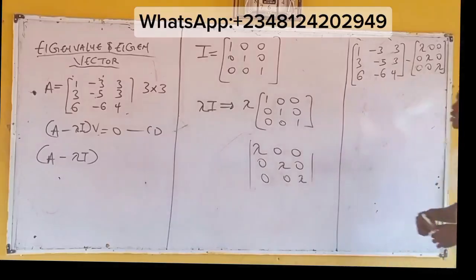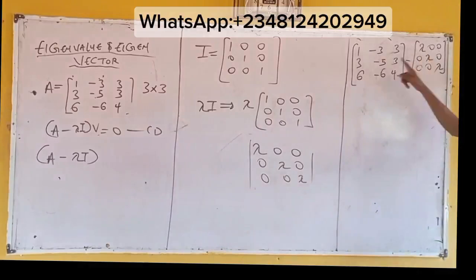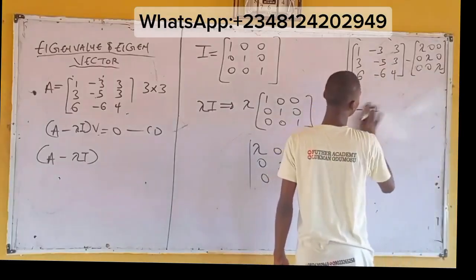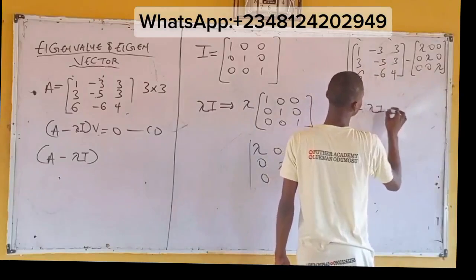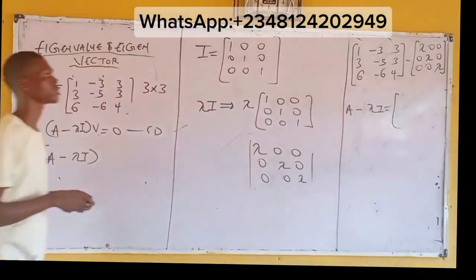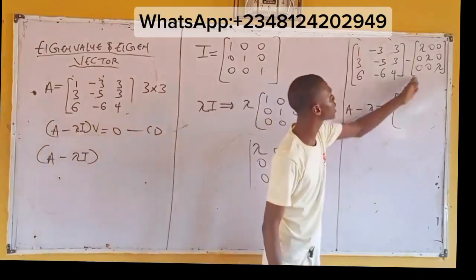Now let's solve. Doing the comparison, 1 minus lambda, minus 3 minus 0, 3 minus 0. Alright, let's solve. What do you have? A minus lambda I. What's our new matrix? This here is your A, and this is lambda I, right?